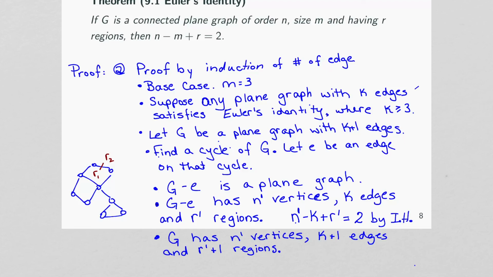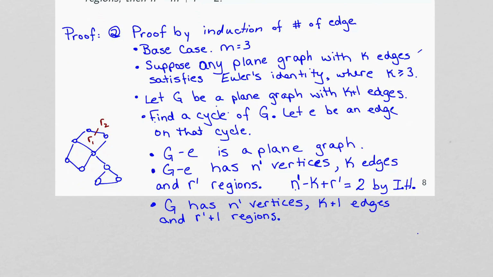Now if I look at the number of vertices of G minus the number of edges of G plus the number of regions of G, the left-hand side of the equation for G gives me n prime minus k plus r prime, and then minus 1 plus 1, so those ones disappear, and I'm left with this, which I know is equal to 2.